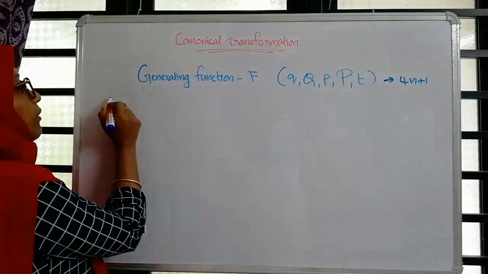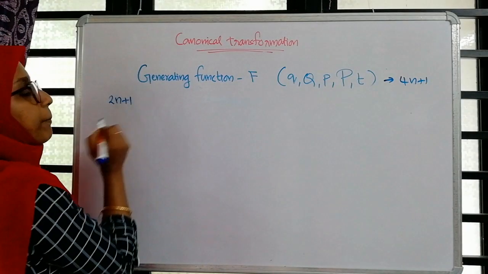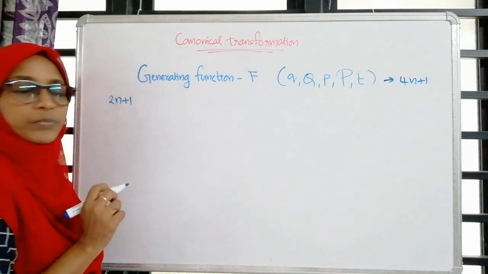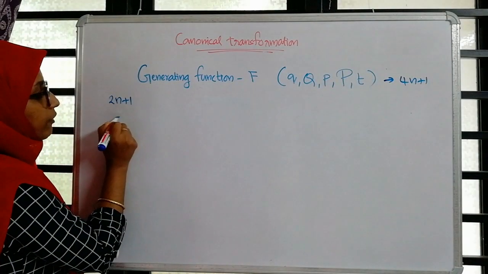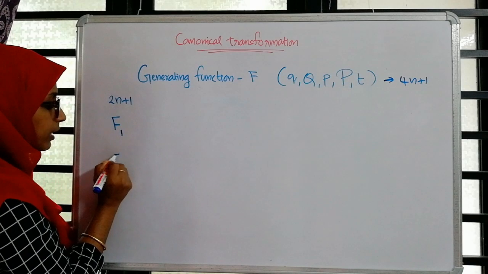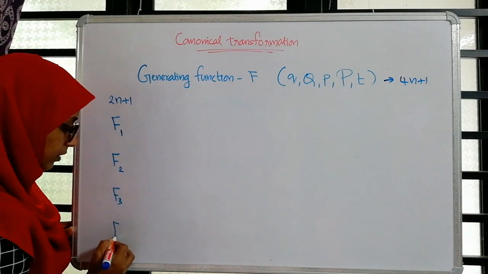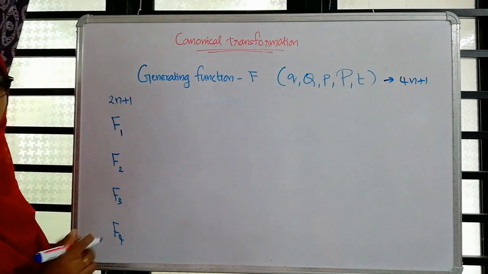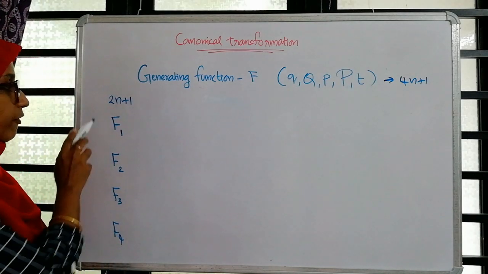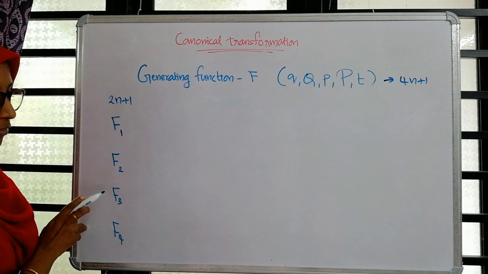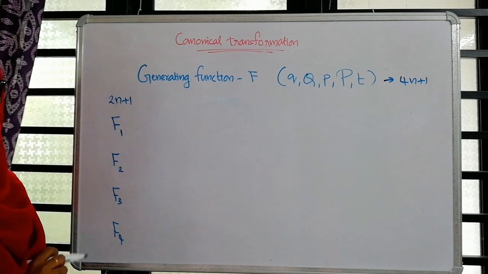But we have to deal with only 2n plus 1 coordinates, that is q, Q, t or q, P, t and similarly the others. So we can split the generating function as F1, F2, F3 and F4, that is the first, second, third and fourth generating function.